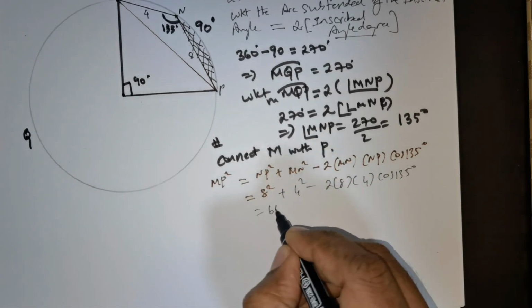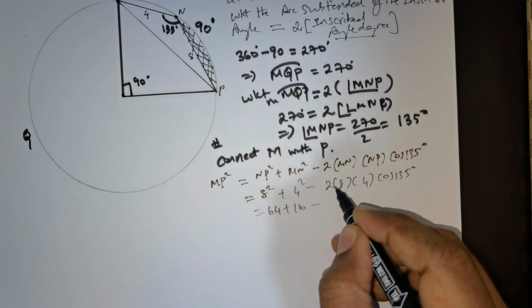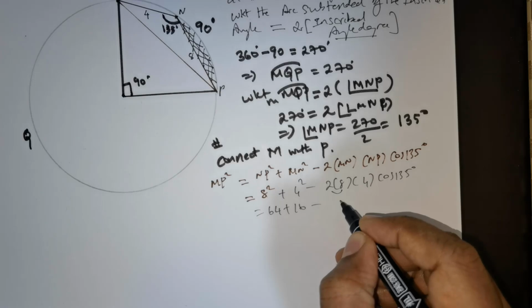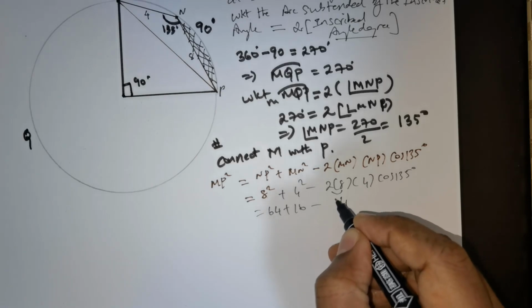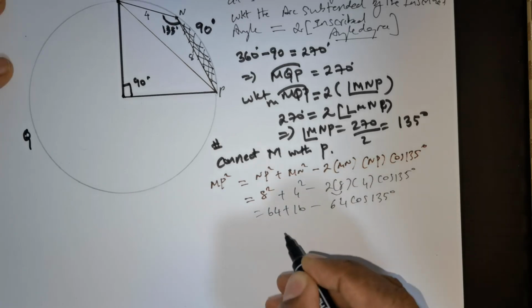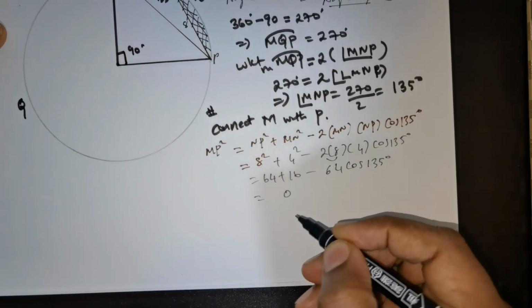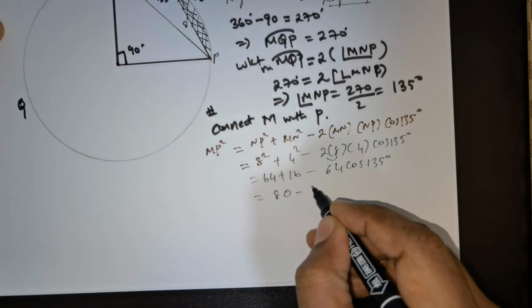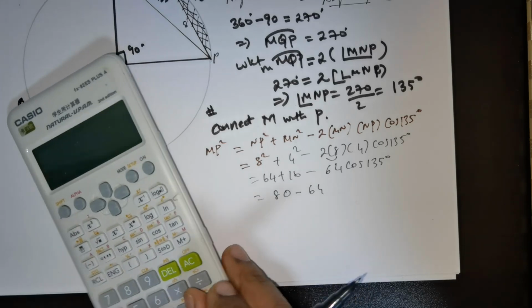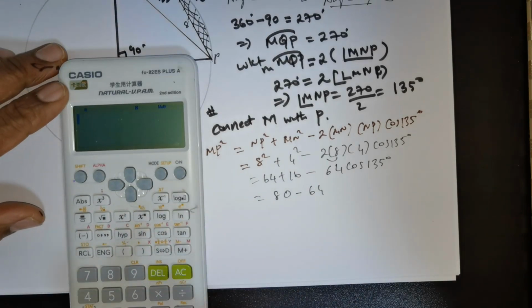8 squared is 64, 4 squared is 16, 2 times 8 is 16, 16 times 4 is 64. So you add up 64 and 16, that is 80, minus 64 times cos of 135. Now let's check that value.